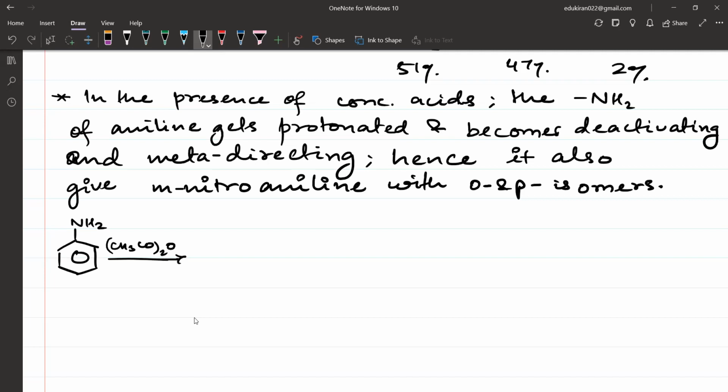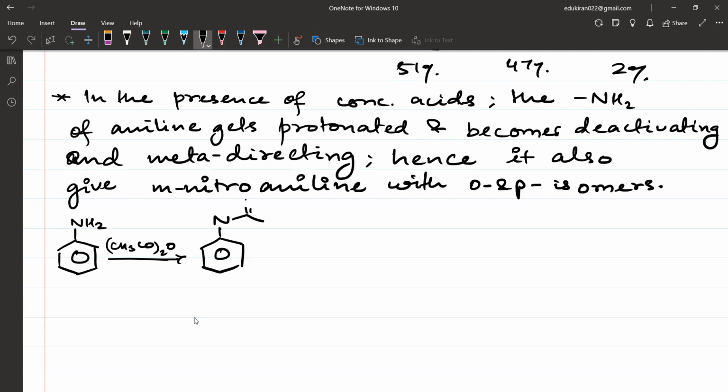Okay, again I am saying how this is formed: CH3 C double bond O, oxygen, and then CH3 C double bond O. So CH3 C double bond O twice and then you have oxygen. This is acetic anhydride, in the presence of pyridine. Pyridine is used because HCl is forming, to neutralize the HCl. So you write next.